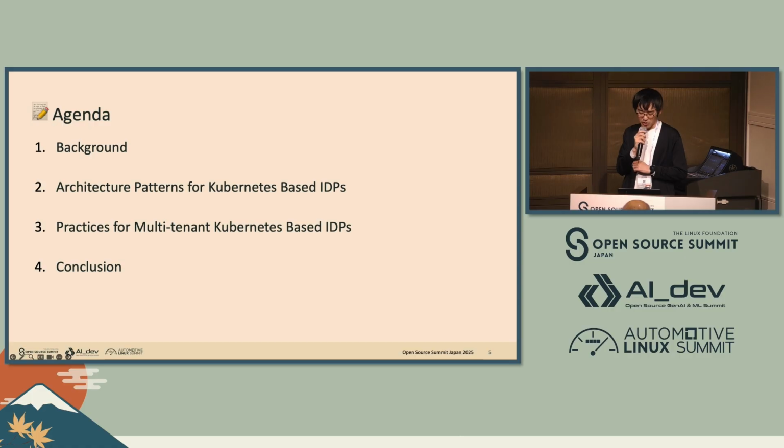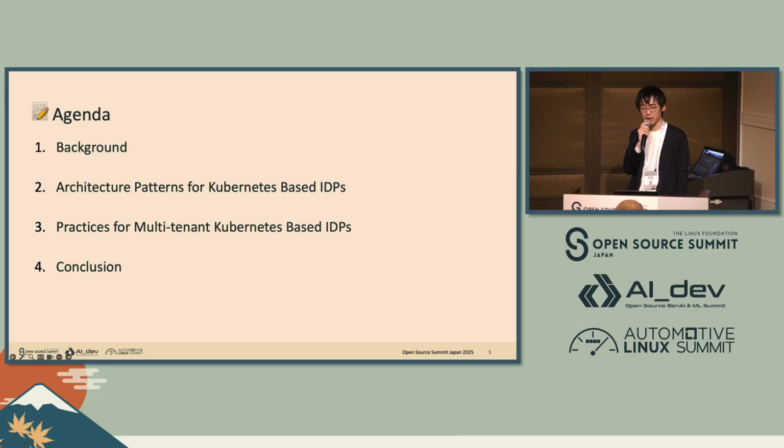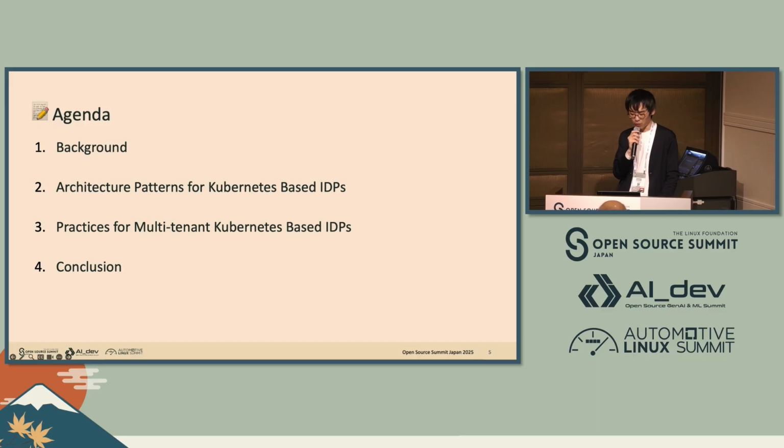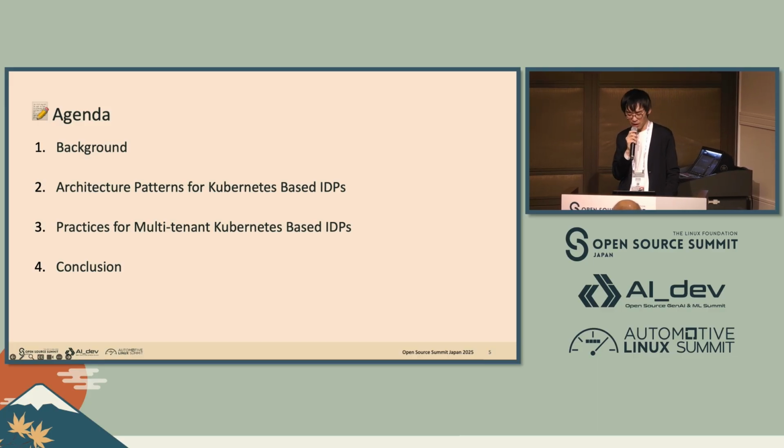And I'll also show how each pattern affects a multi-tenant platform. And third, I'll share some best practices for multi-tenant Kubernetes-based IDP. These practices help the platform run smoothly when many teams use it. And finally, I'll wrap up with a short conclusion. I'll also highlight a few key takeaways.